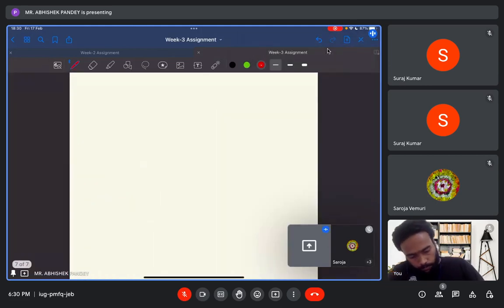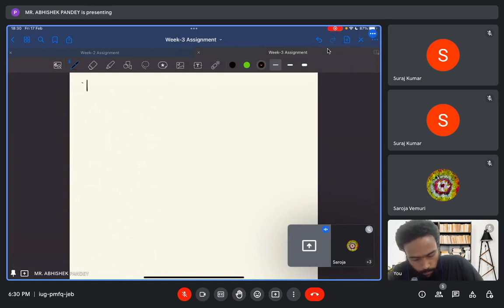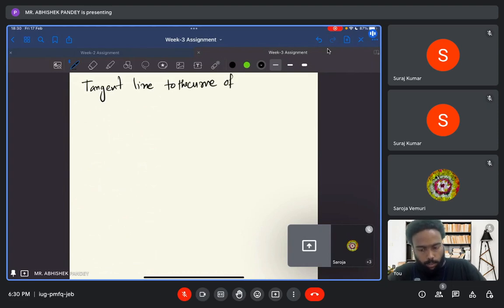now we'll see something. Tangent line to the curve of intersection of the surfaces.